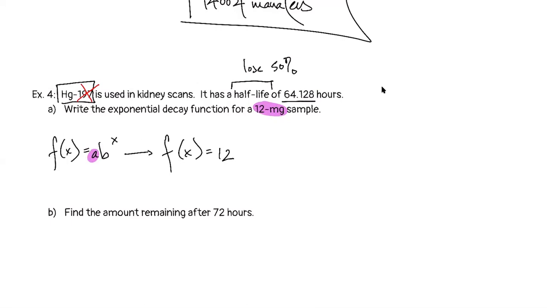That's how much they need in order to be able to see what they need to see on the kidney scan. Now, we have to find our b value. So we can open up our parentheses, have 100, it's losing 50%, so minus 50 over 100.